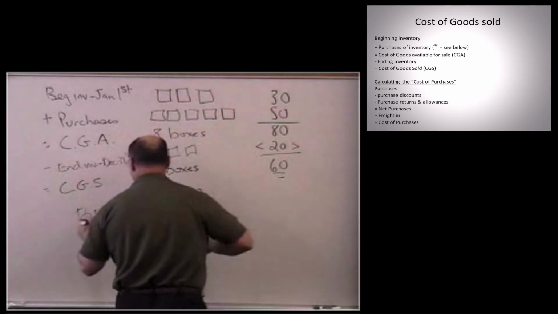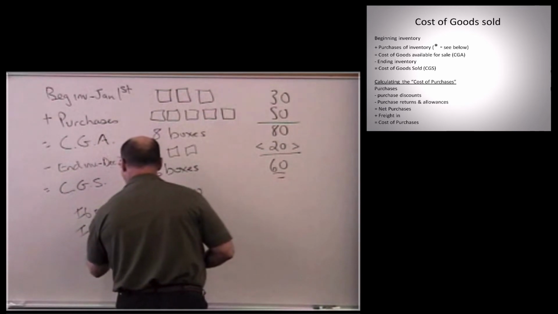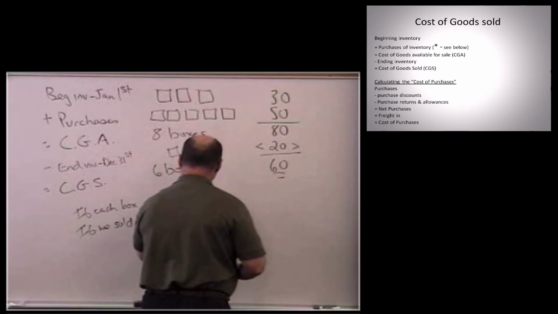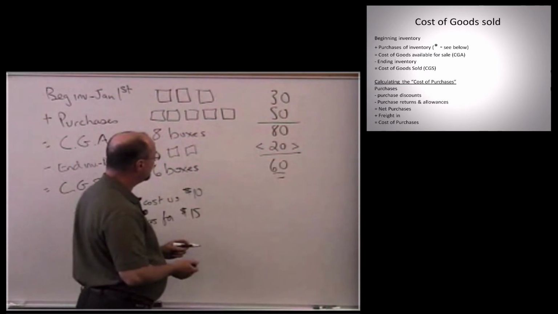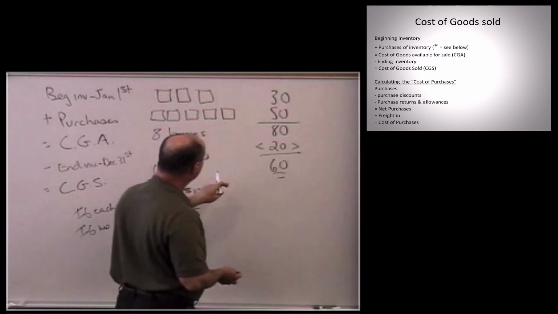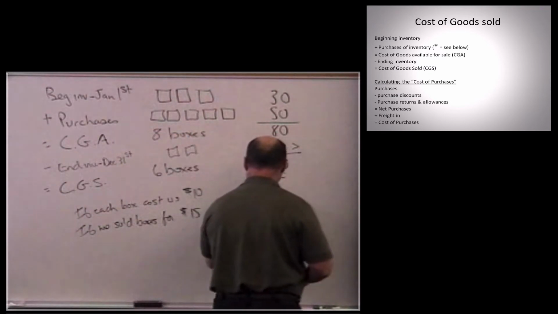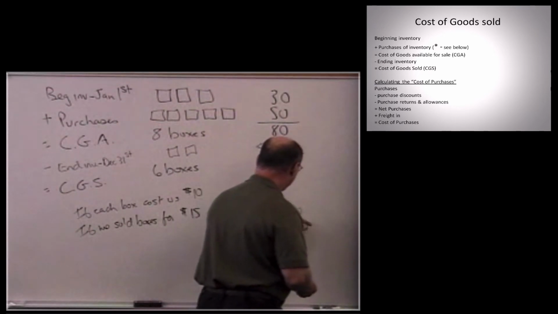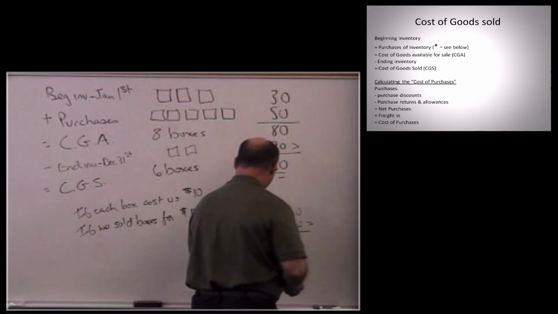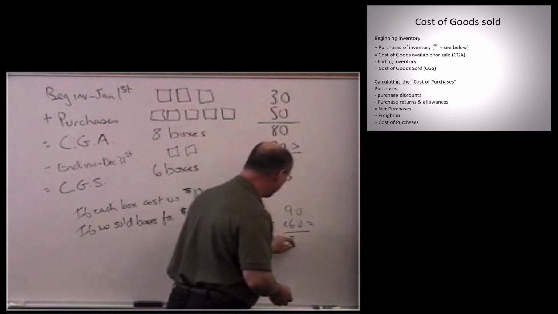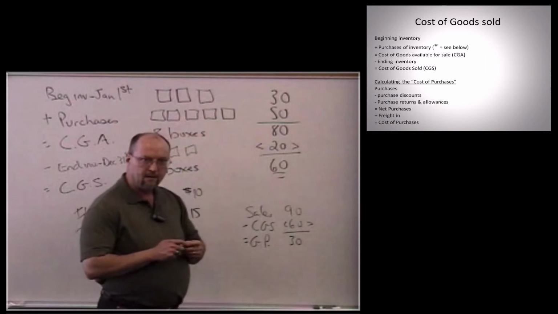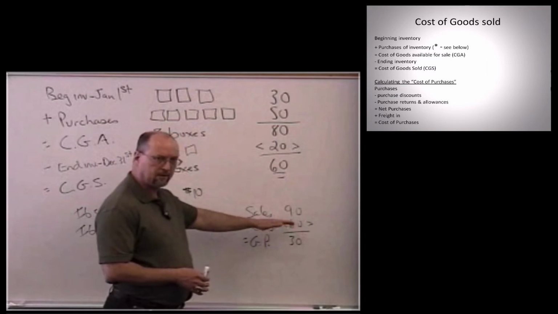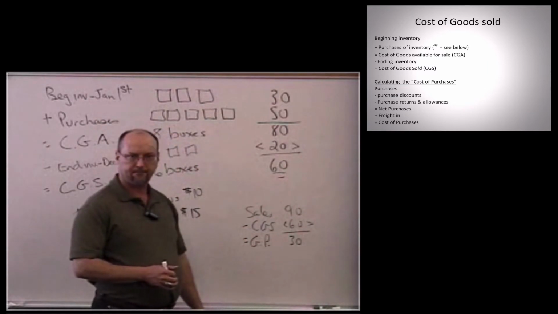Now, if we sold boxes for $15, well, we sold 6 boxes, so my revenue, I'll just put it down here, sales would have been 90, cost of goods sold is 60, and I'll abbreviate GP, gross profit, would have been 30 at the multi-step income statement. So sales at retail price minus the cost of our inventory gives us gross profit.